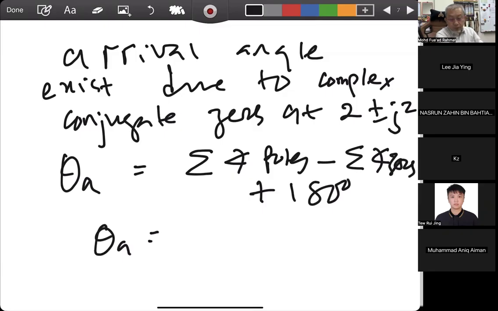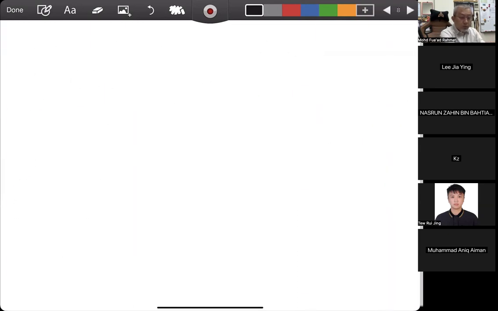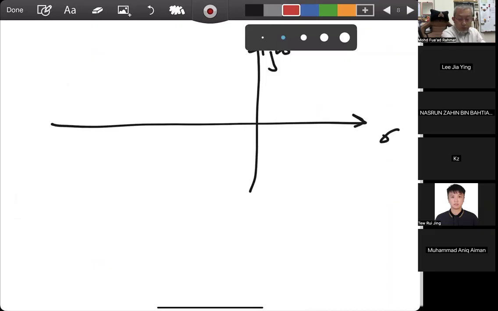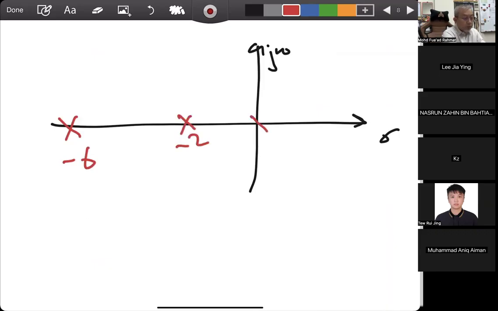Okay, so what is theta A? So in order to calculate theta A, we have to measure the angle from minus 6 to the zeros, j2, minus j2.